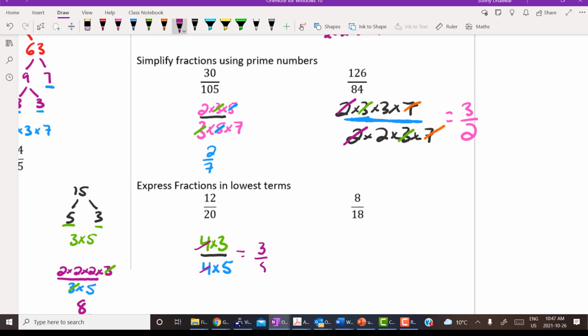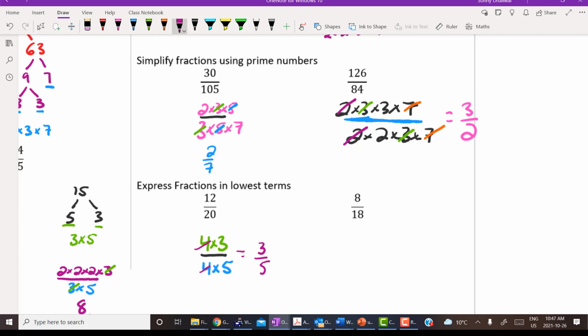This is 3 over 5. There are lots of ways we can do these multiplications. I picked 4 times 3 and 4 times 5 because I thought one step ahead. I wanted to cancel out the factor of 4. You could just simply divide the top and bottom by 4, but I'm just working with factors here.